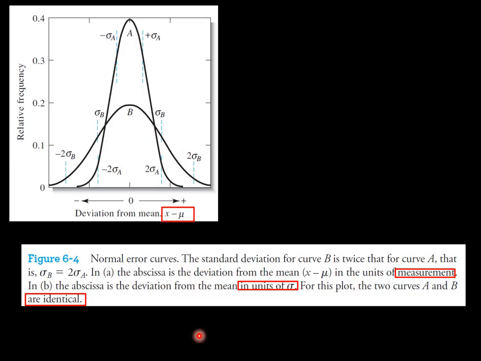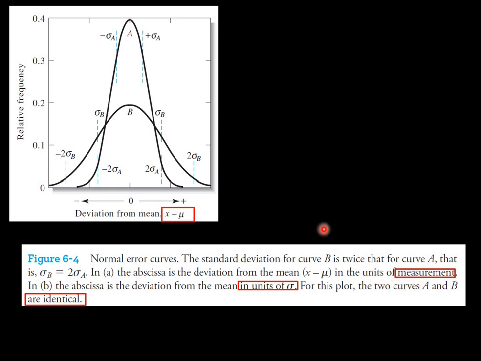Variance. So in this example, there are two Gaussian curves shown here, A and B. Obviously, B is more flat. That means the sigma value here is twice that of the sigma of A, right? So we are getting two curves. If we plot against x minus mu in simple units of measurement, we get two curves.